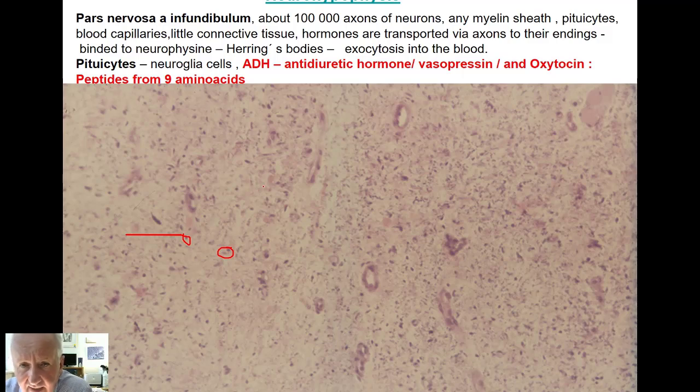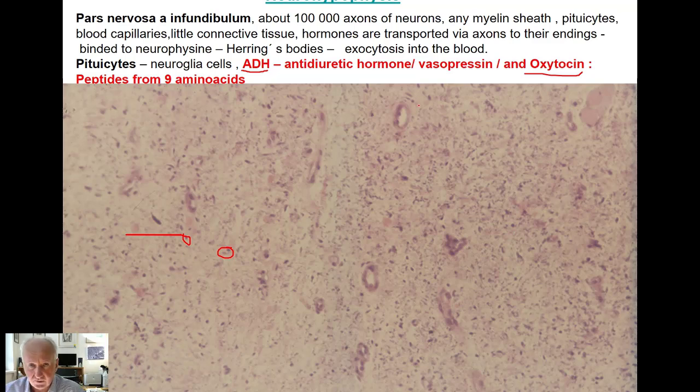So, and two hormones, which are, as you see, not very large proteins, they are consisting only from 9 amino acids, are transported from hypothalamus, from those neurons, from the bodies of the neurons, by those long axons down to neurohypophysis, and they are leaving this axons by exocytosis, and they are released to the blood.